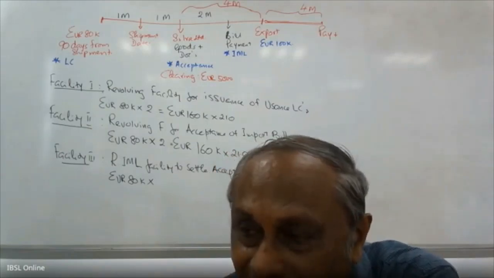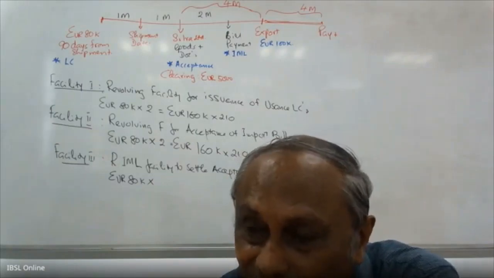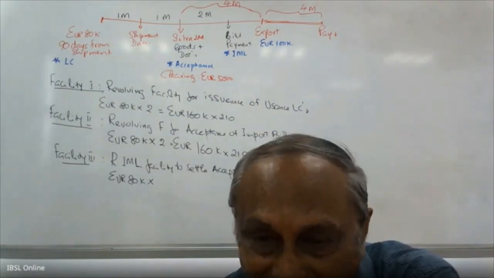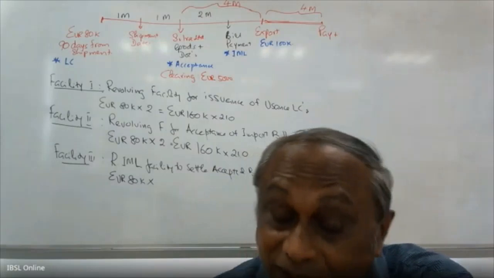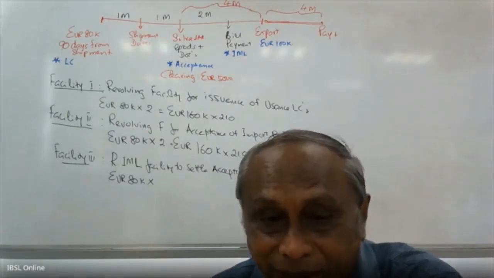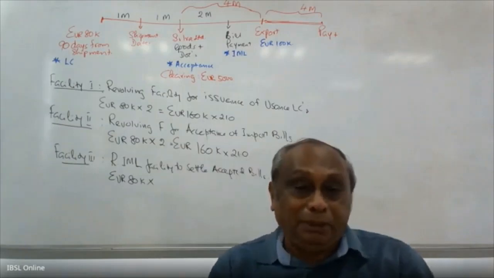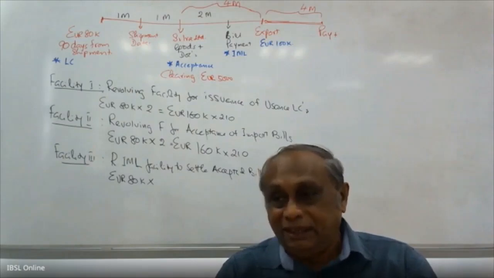But as practitioners, you know, no customer wants to wait for 6 months, or even 4 months, to get the money. They need the bills to be discounted, or the bank will purchase the bill.